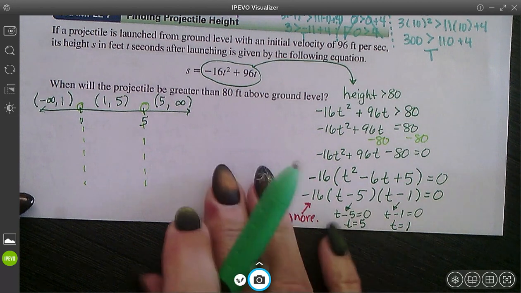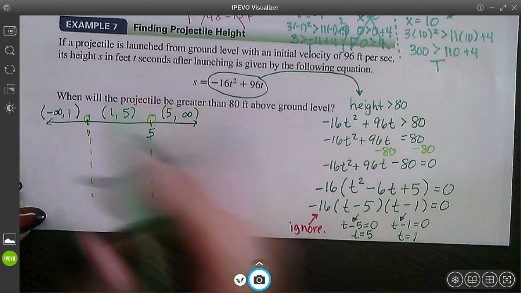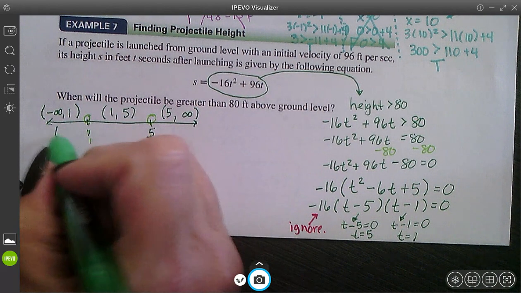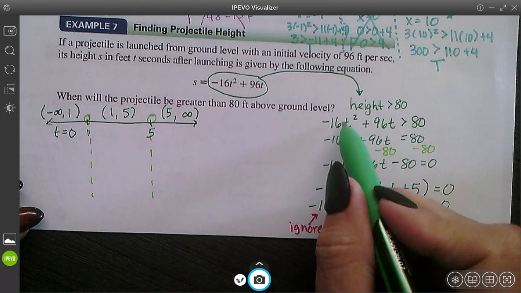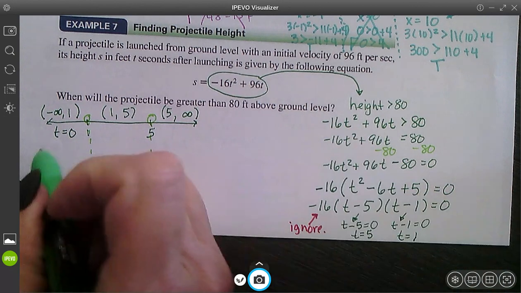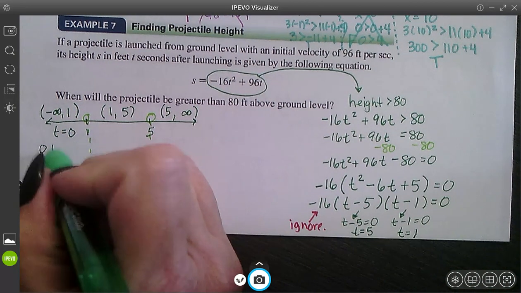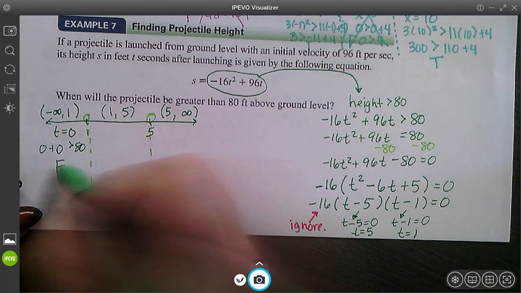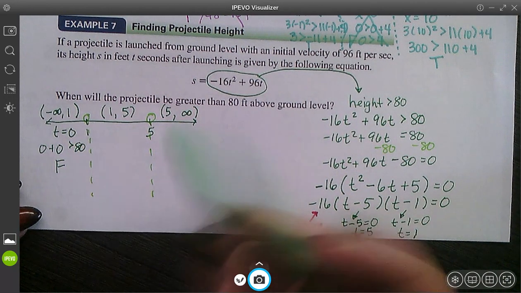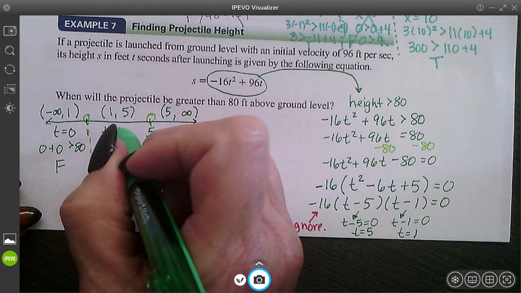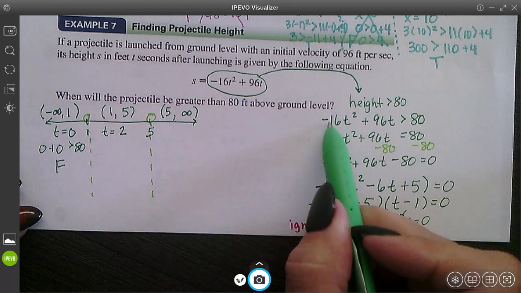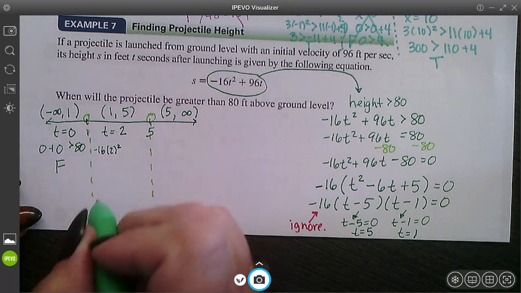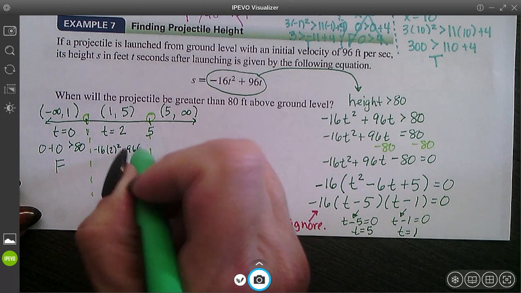Then we have to test intervals in this original inequality, or test values. Between negative infinity and 1, I'm going to pick 0. That's going to give me negative 16 times 0, which is 0, plus 96 times 0, which is 0. Is that greater than 80? No. What about a number between 1 and 5, like maybe 2? Negative 16 times 2 squared plus 96 times 2.